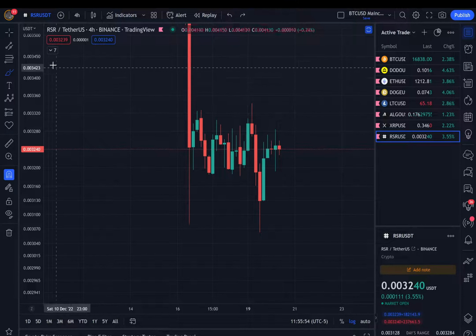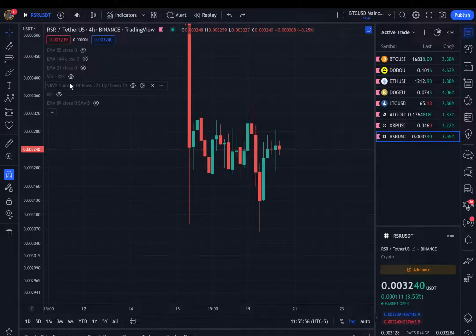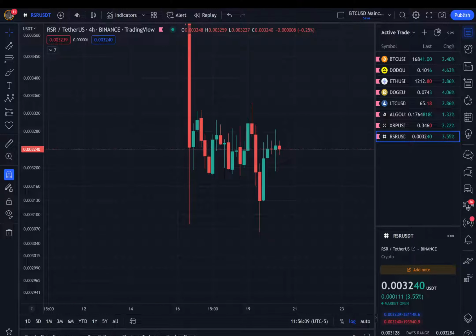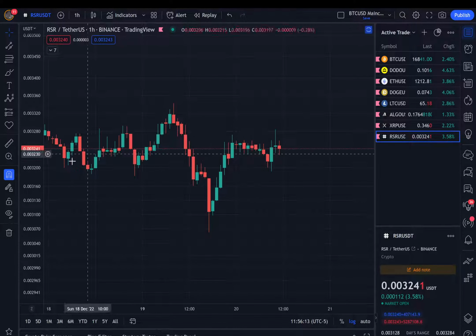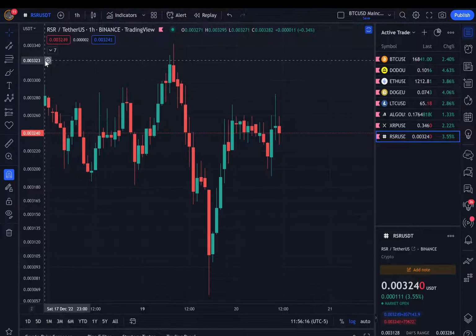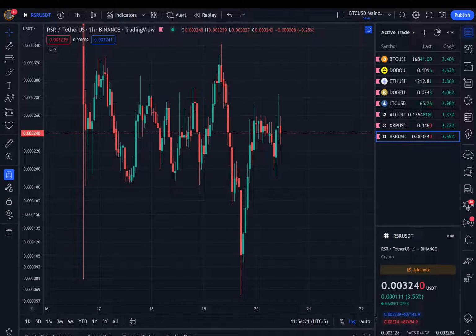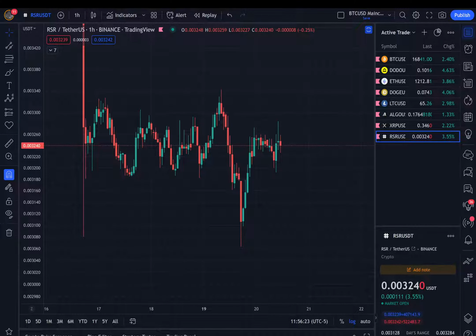What I want to do now is bring in my indicators, bring in my volume indicator. Okay, I don't see a big volume move. Maybe it comes in after. Actually, I want to go on the smaller time frame. So on the smaller time frame, this is telling me it's very likely that this continues and makes the higher high.